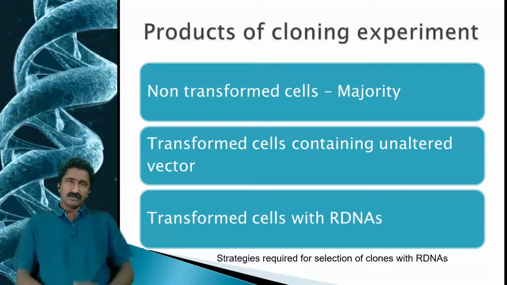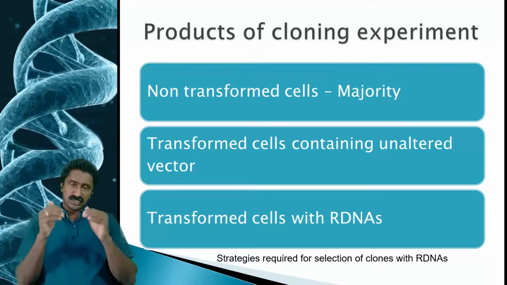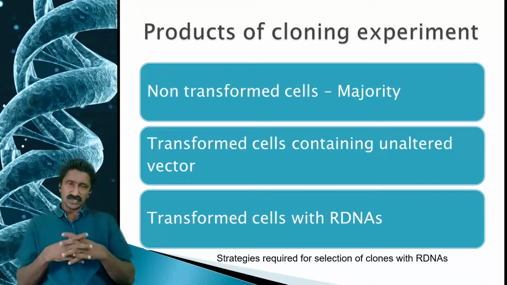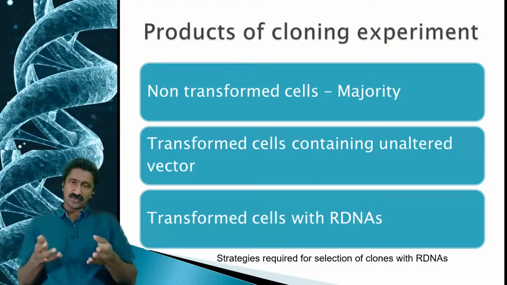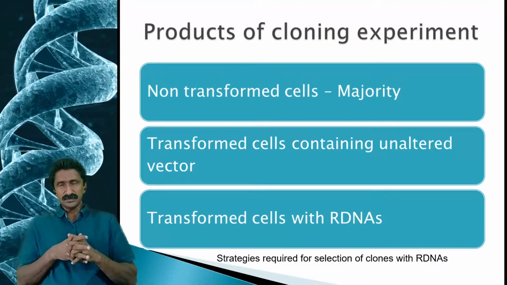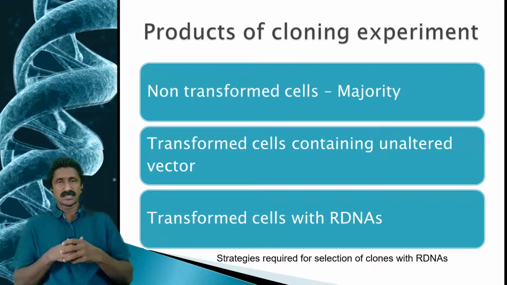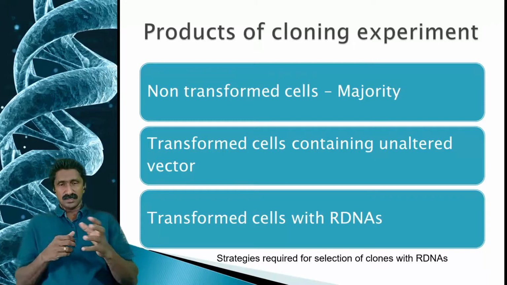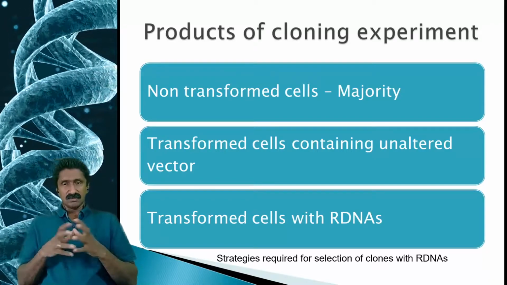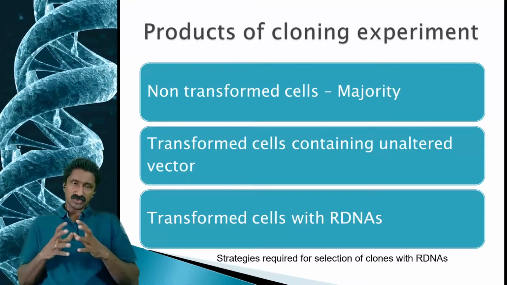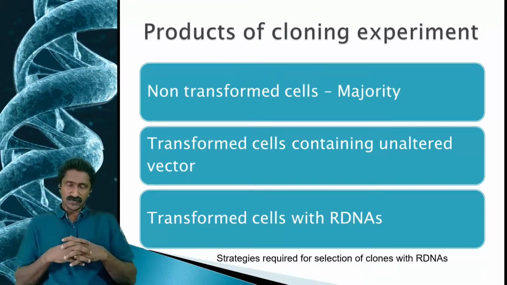Only a few of them may be inserted with that recombinant construct, which means out of millions of cells in the culture medium, only a few thousand cells may be actually transformed by the experimental DNA construct. The remaining were untransformed or non-transformed cells, and they constitute the majority of the population.